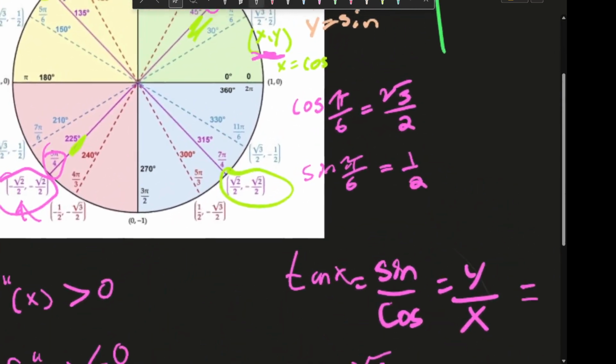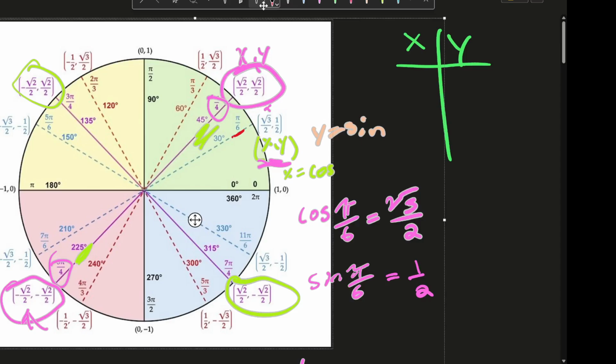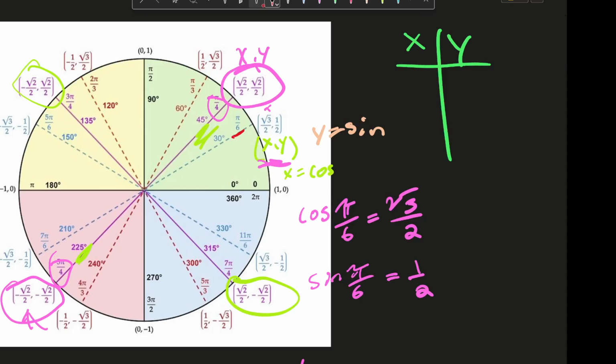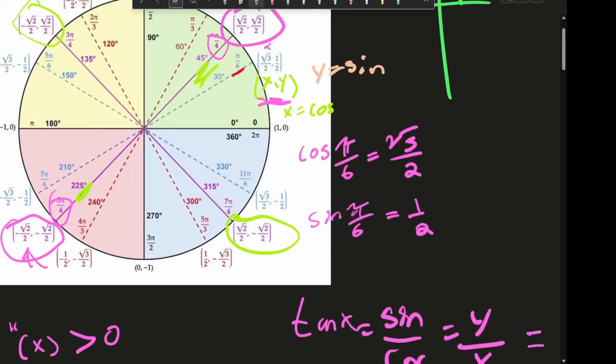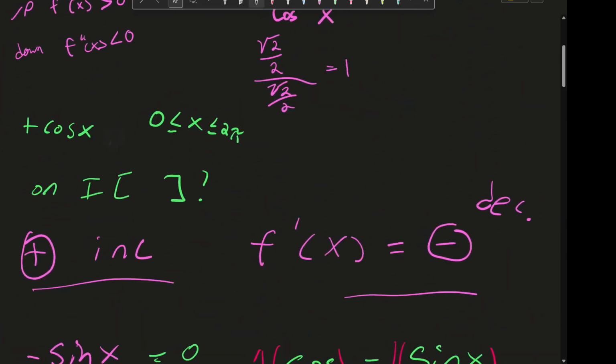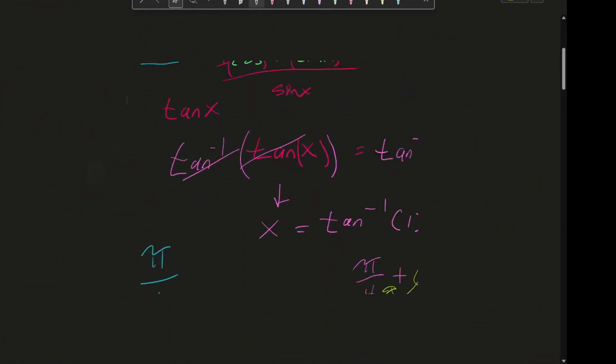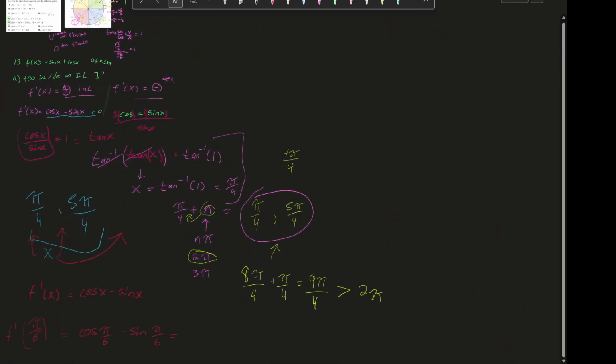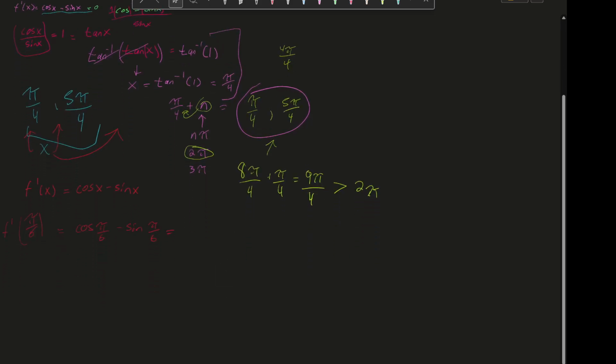But if you have the unit circle, you just look: pi over 6, x value root 3 over 2, y value 1 over 2. So sine is 1/2, that's your y, and cosine comes out to root 3 over 2. So going back, you have root 3 over 2 minus 1/2, and see what that equals.